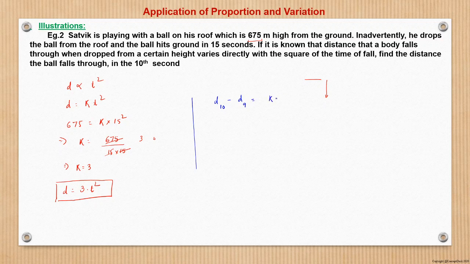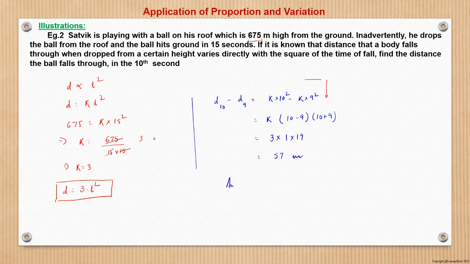So we can write this as k into 10 square minus k into 9 square, which is k into (10 square minus 9 square), which is (10 minus 9) into (10 plus 9). And we know k is 3. So it becomes 3 into 1 into 19, which is 57. And 57 is in meters.